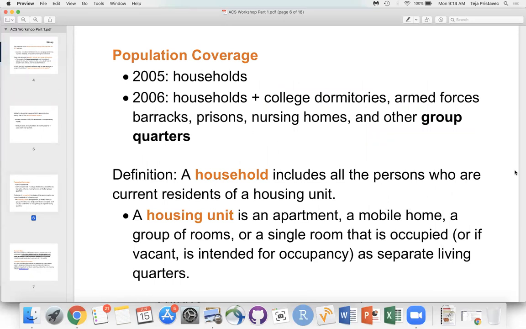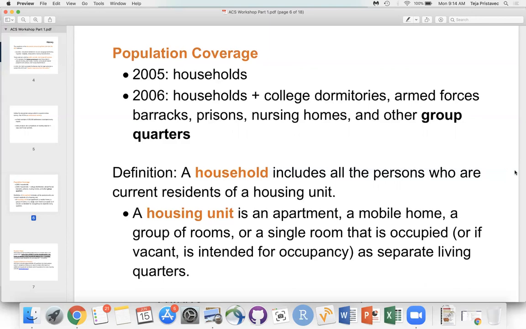So this is places like college dorms, armed force barracks, prisons, nursing homes. So if you're interested in a special population like college students, you would be looking at variables that pertain to group quarters populations versus households, which is what the typical universe would be.